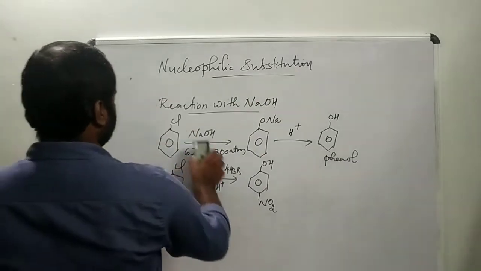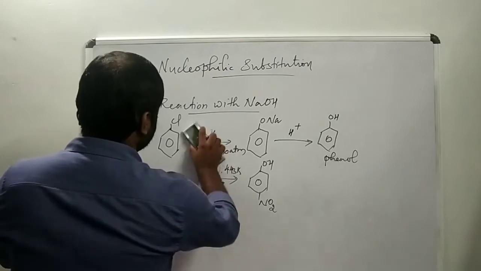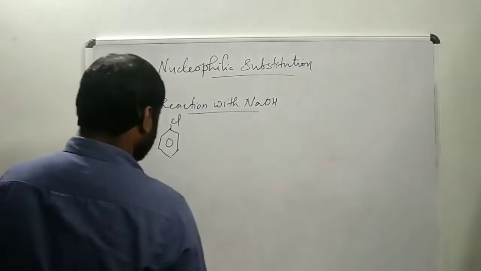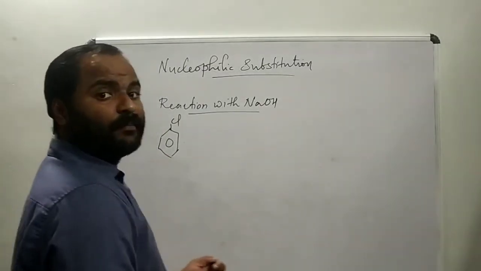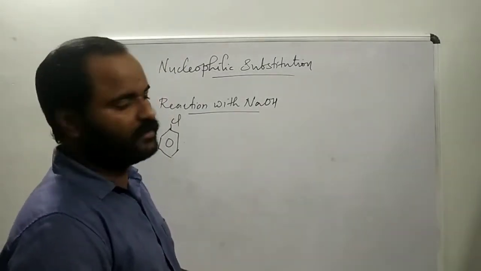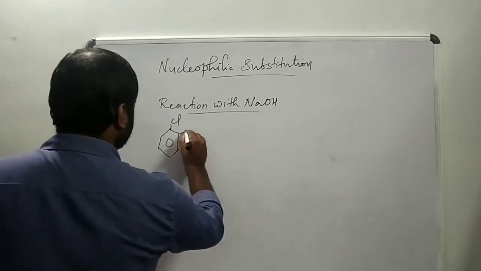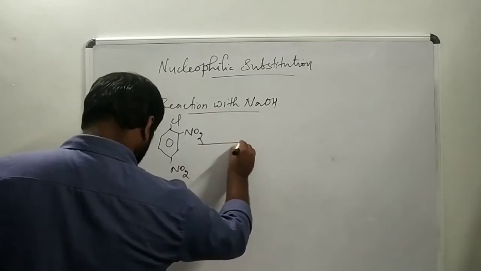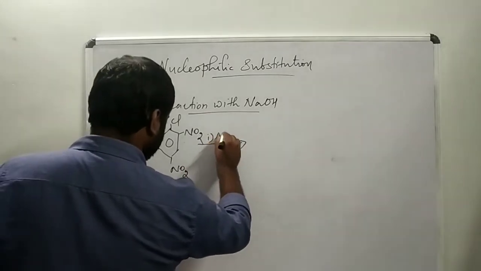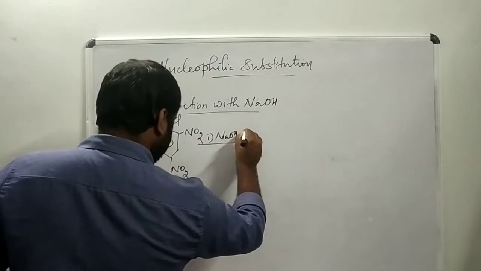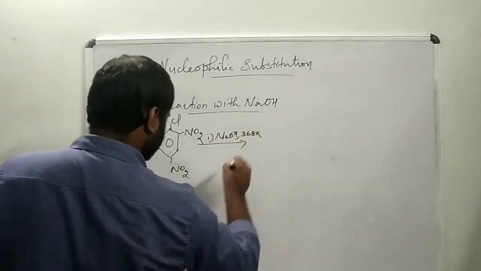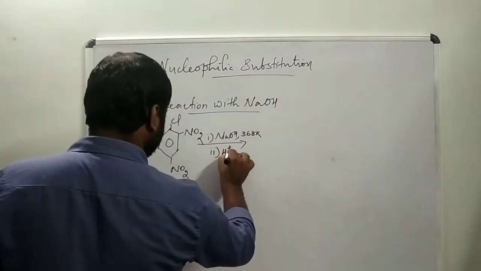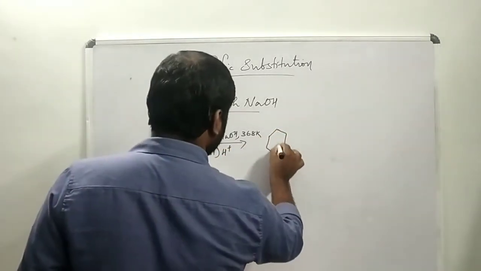Next reaction. Again we have ortho and para substituted groups. This compound reacts with NaOH at 368 Kelvin, followed by hydrolysis. You are getting the product.